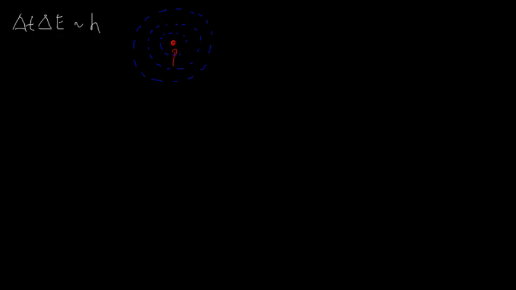Okay, and when we have transitions, when electrons move from a higher to a lower orbit, it emits a photon. Right, the loss in energy of the electron is converted into the energy of a photon.